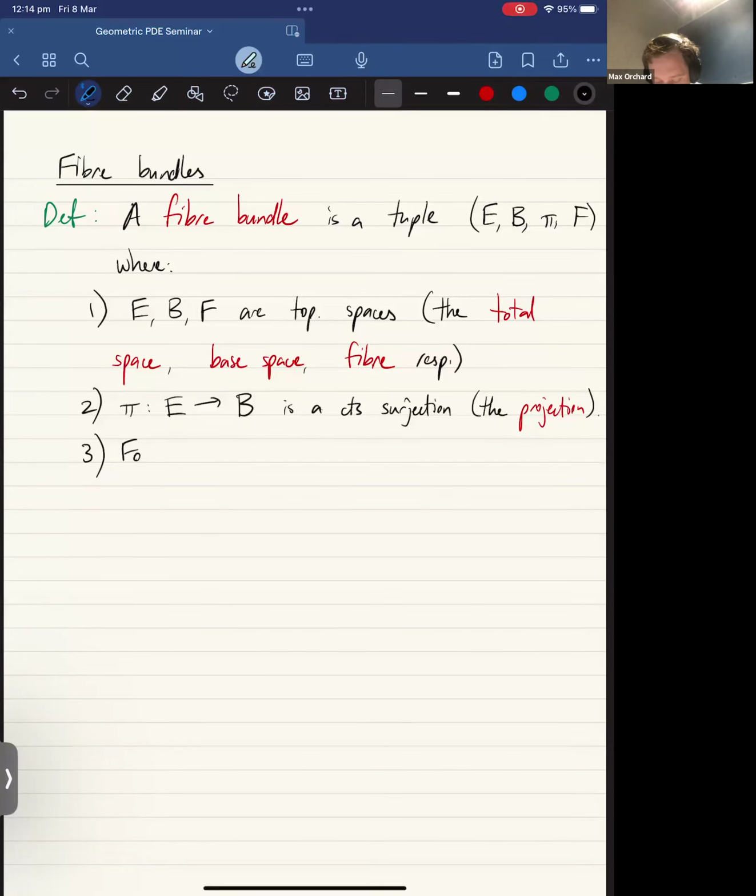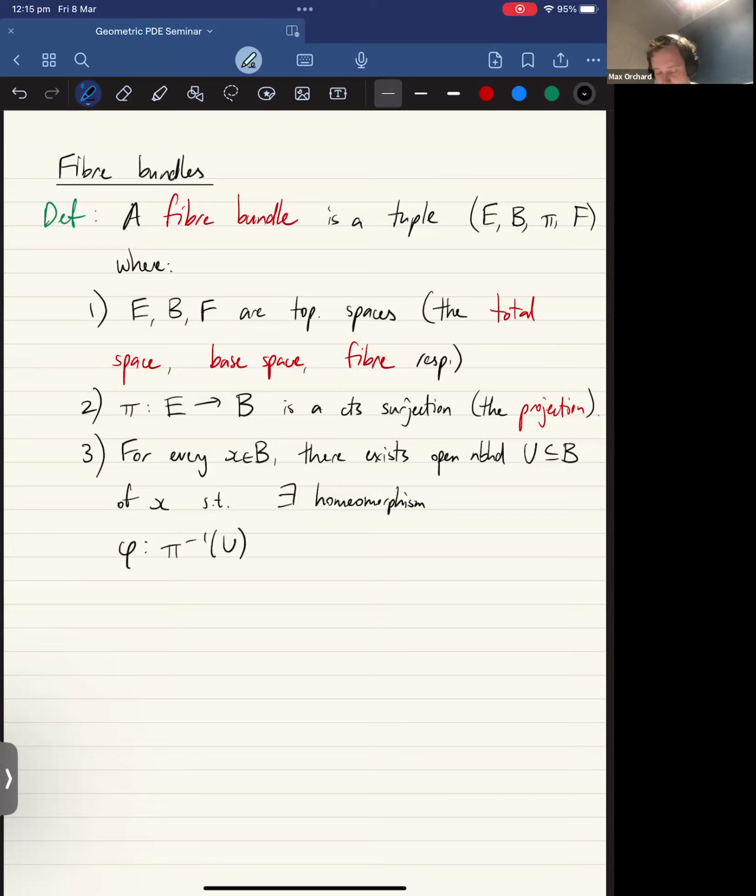So explicitly, for every x in your base space, there exists some open neighborhood U of x that is contained in the base space, such that there exists a homeomorphism phi, which we're going to take from the preimage of U into the product of U and F, which are our fibers.